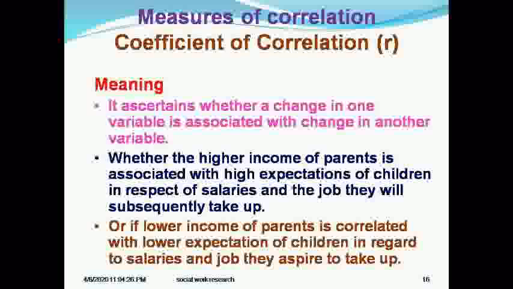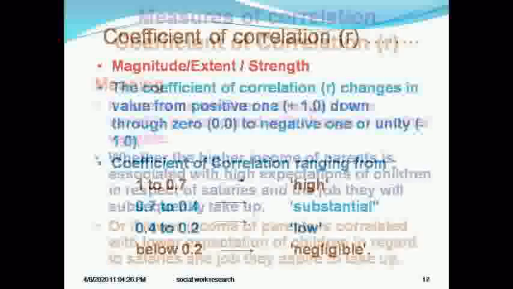One is the income status of the parents. The second variable is the expectation of the students. There is likelihood that it is related to each other. So what is the strength of this relationship? In order to understand this relationship, we use the measure of correlation.